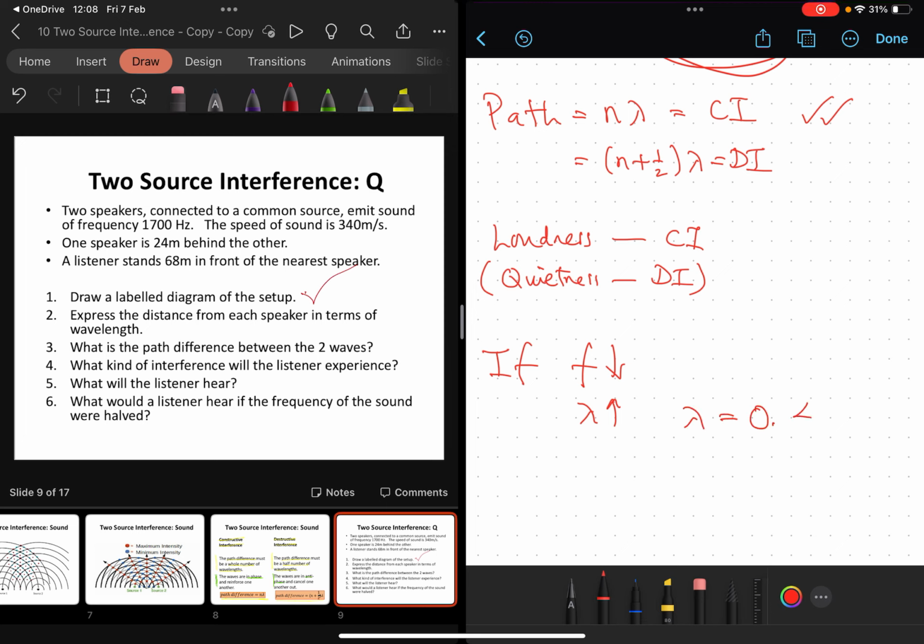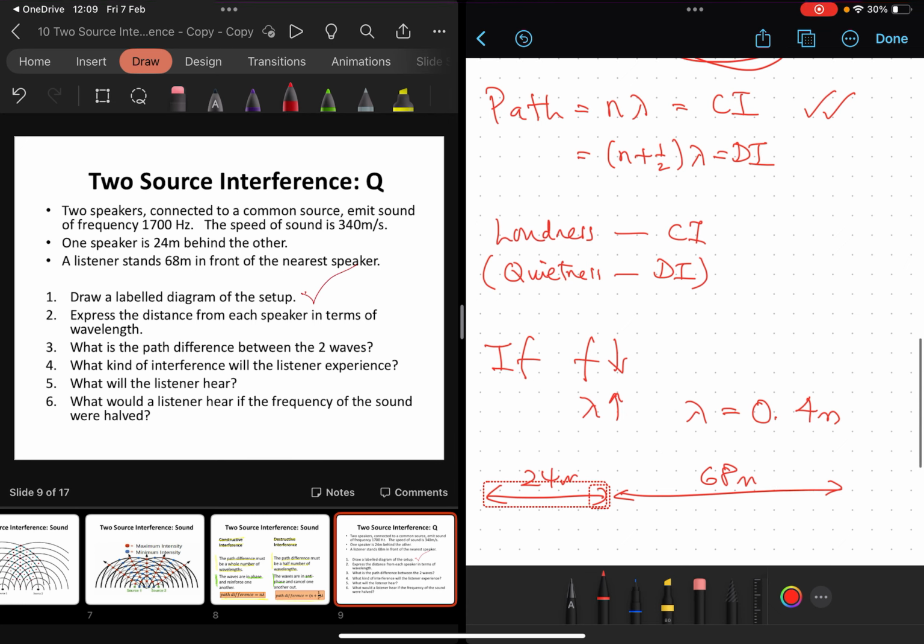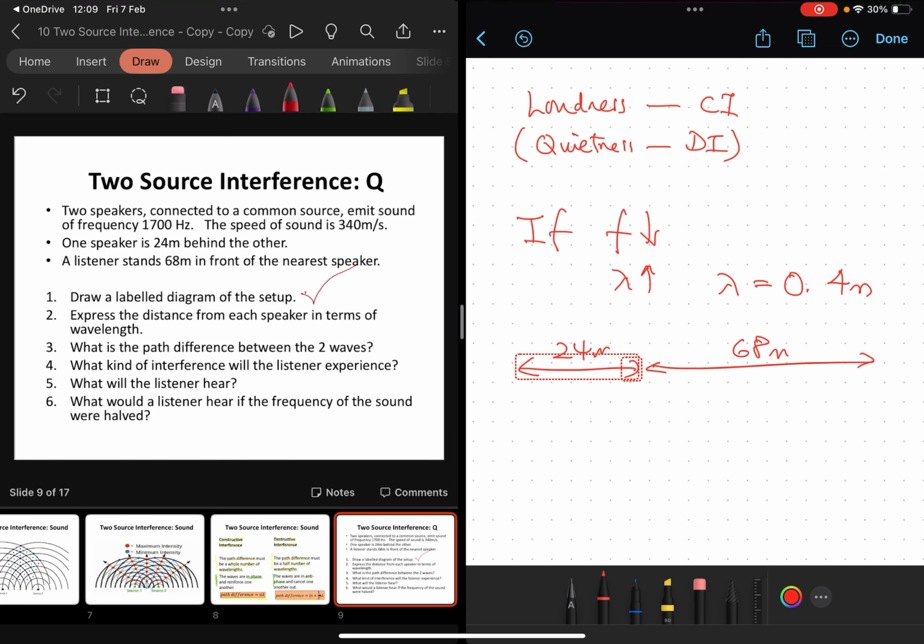So the new wavelength is 0.4 meters. So now the question is, how many wavelengths fit in the 24 meters? How many wavelengths fit in the 68 meters? And what's the difference between them? If you do that calculation, you will find that you get an integer number of wavelengths. You get a whole number of wavelengths different.